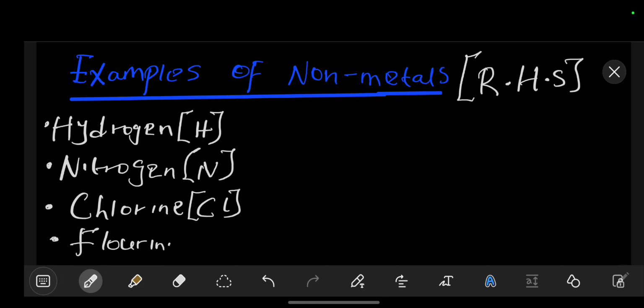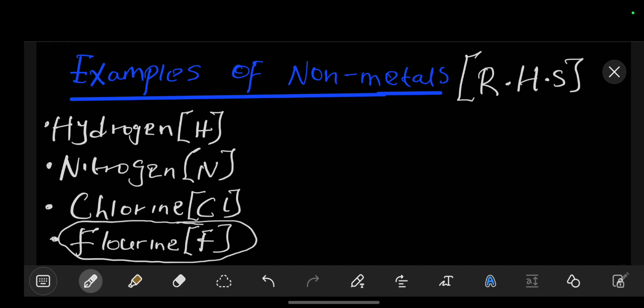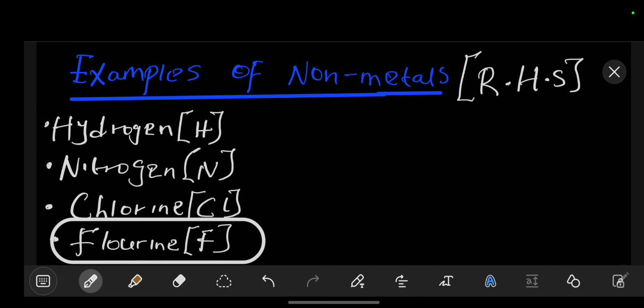And the symbol for fluorine is F. And by the way, fluorine is the most reactive non-melter. So in case you are asked in a chemistry test, know for a fact that fluorine is the most reactive non-melter, and by far it is also the most reactive element overall in the entire periodic table. All right, so know that.